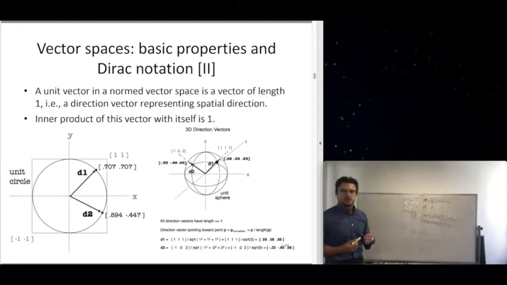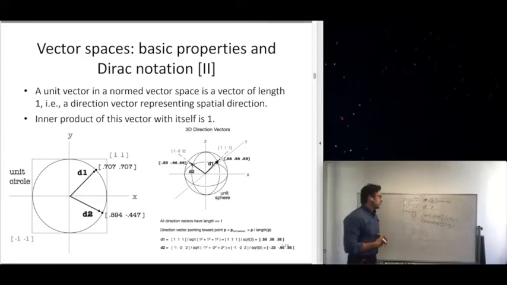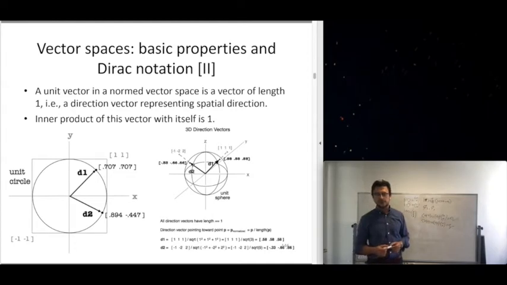I just said that a unit vector is a normed vector, length 1. What you see here is a representation of a vector on a sphere. We also sometimes represent qubit states on a sphere. It's called the Bloch sphere, and we will look into it in more detail later.